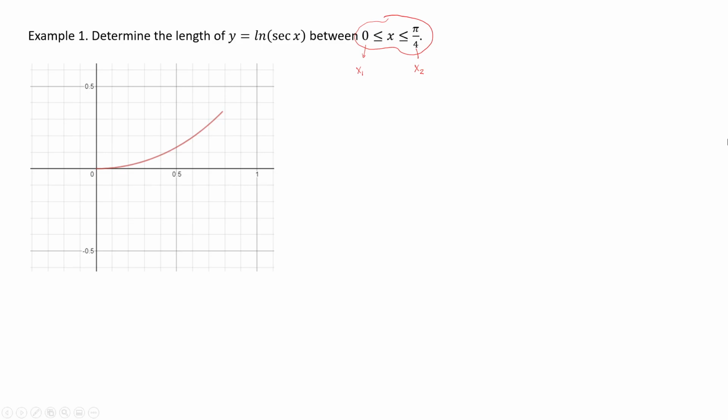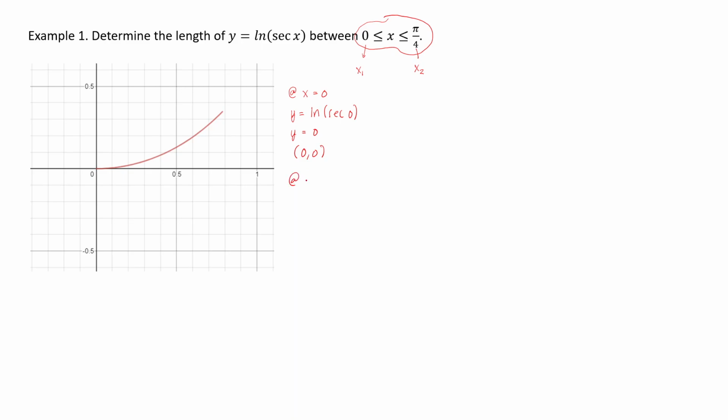If you want some basis for your graph, all you have to do is plug in the limits of integration. At x equals 0, y is equal to ln secant of 0, then y is equal to 0. So the first point is at 0 and 0.